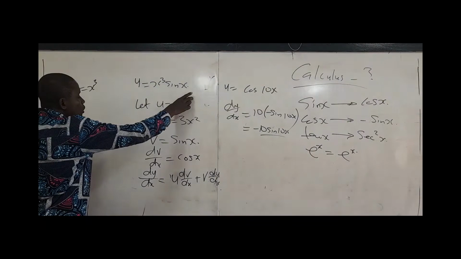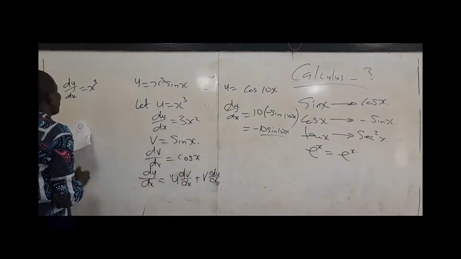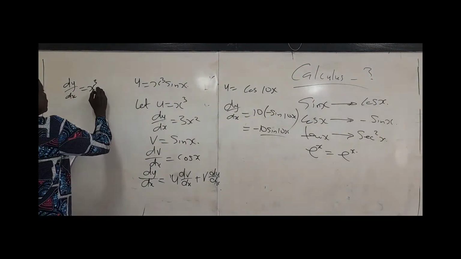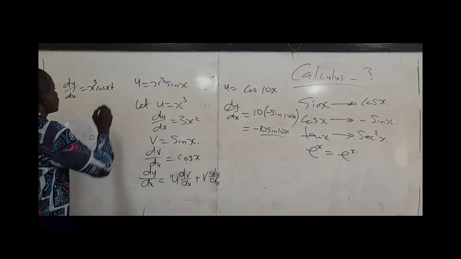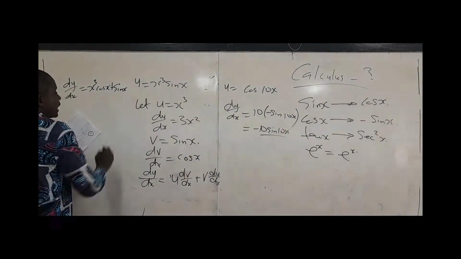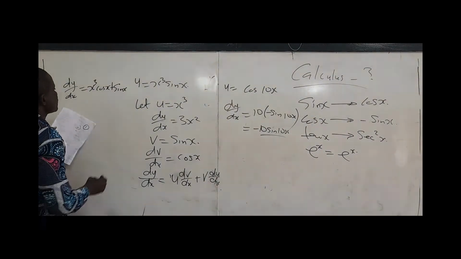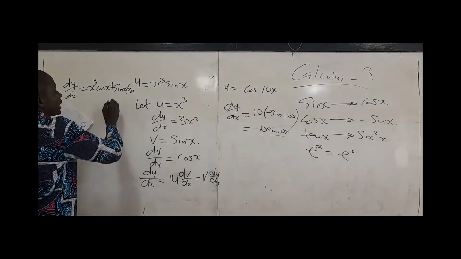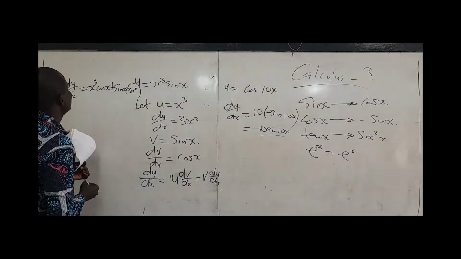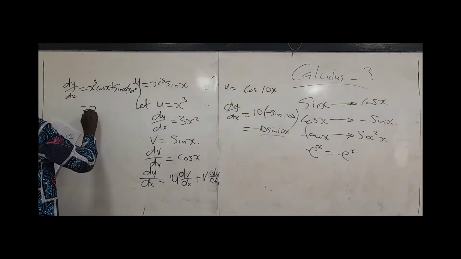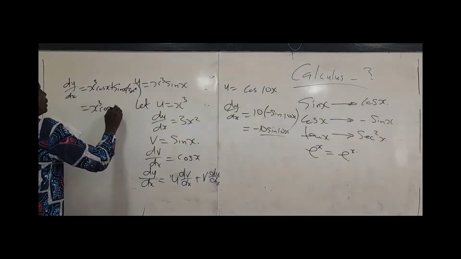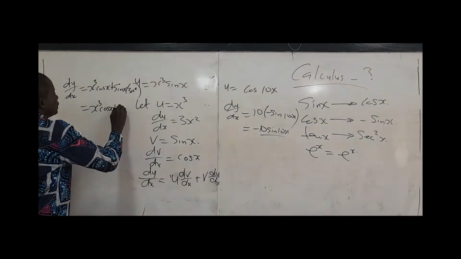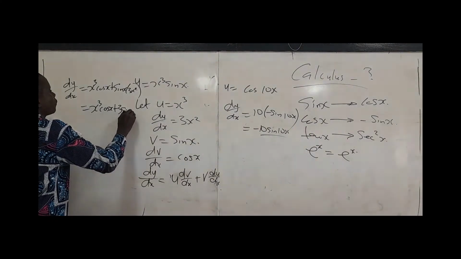You maintain the u, then you multiply by the differential of the other one. So u dv/dx is cos x, plus v, which is sine x, times du/dx, which was 3x squared. So over here, I'm going to get x cubed cos x plus 3x squared sine x.